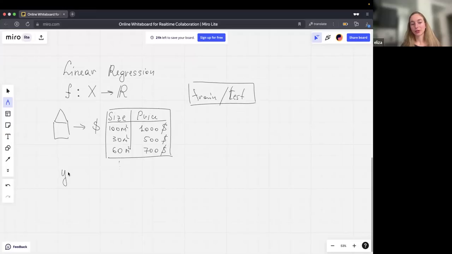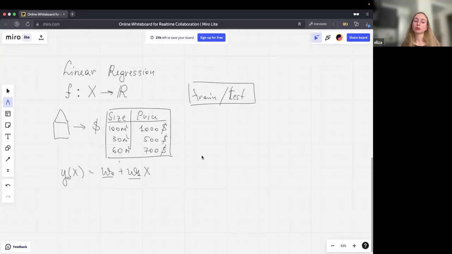You can write the model function for your task: weight 0 plus weight 1 times x, where weight 0 and weight 1 are your parameters which you want to get at the end of learning, and x is your feature, the size of your real estate.